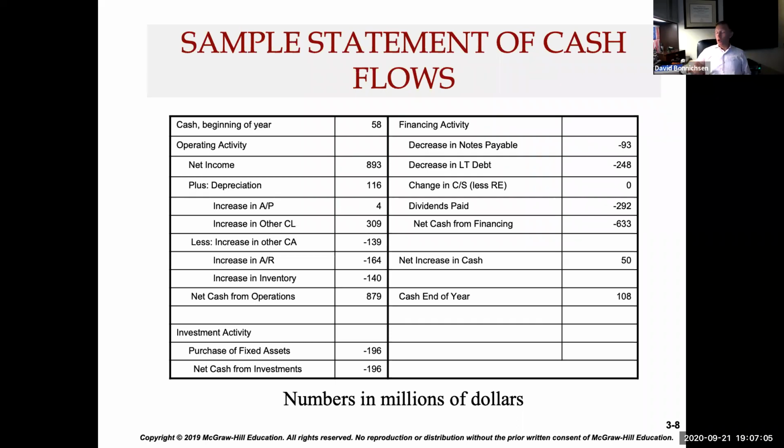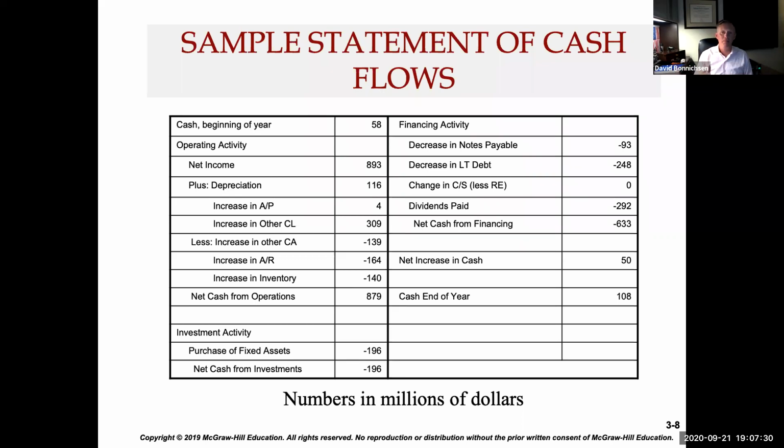Our income statement is our operating activity. That's what we did over the course of the year. Our net income was $893 million. That came directly off of the income statement that we looked at. We've got to add back depreciation because that's a non-cash item.